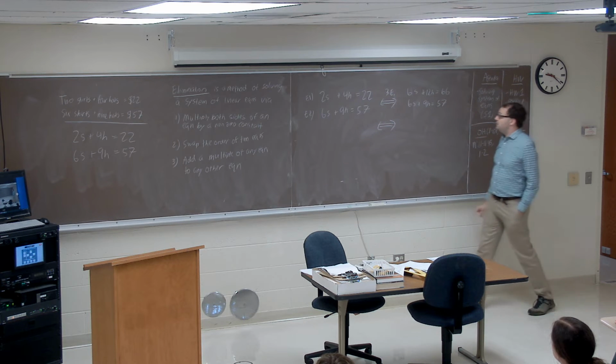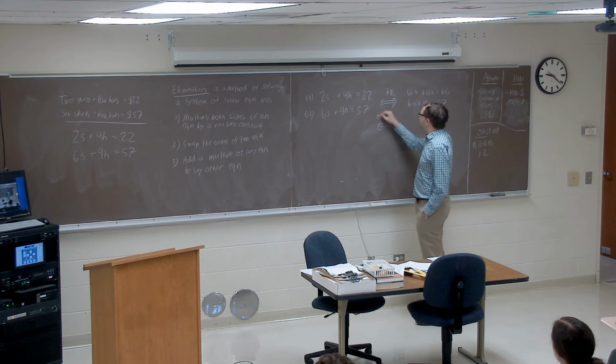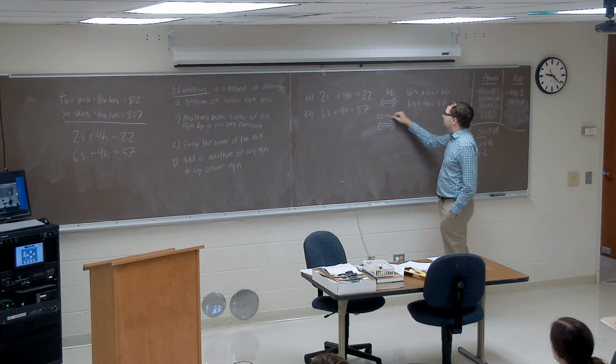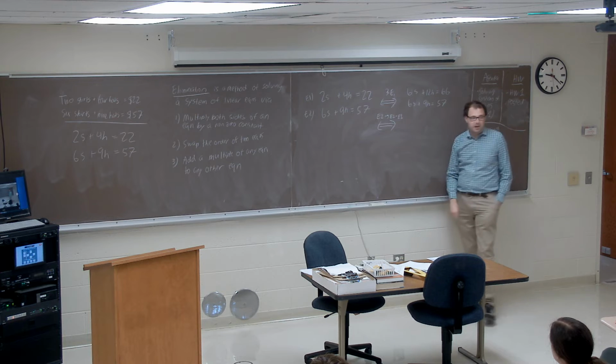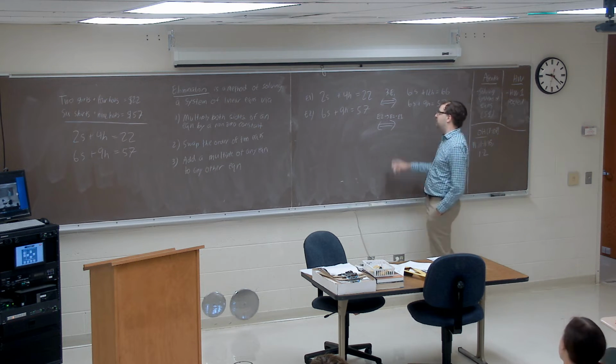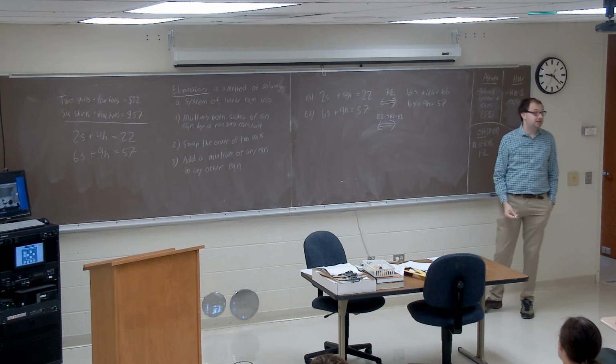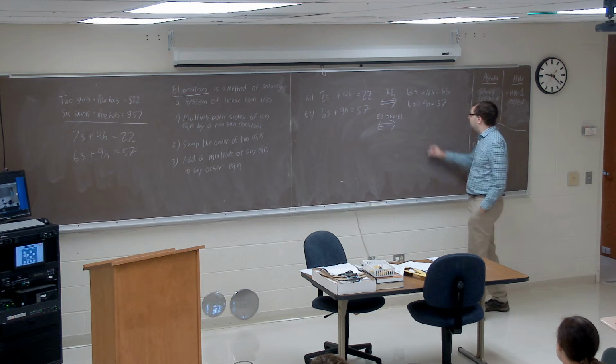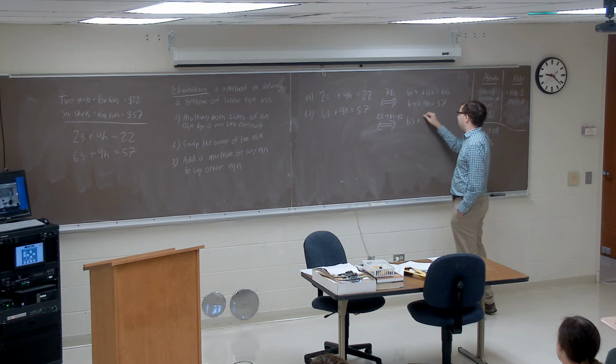So what I'm going to do now is we're going to take equation 2 and I'm going to replace it with equation 2 minus equation 1. So in other words, I'm taking equation 2 and I'm subtracting equation 1 from it, thus replacing it. So equation 1 is going to stay the same.